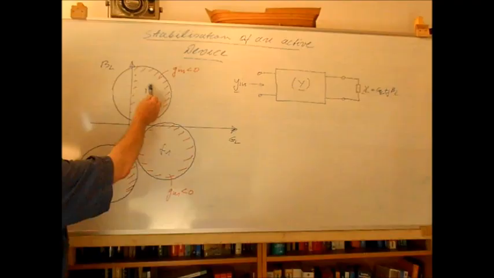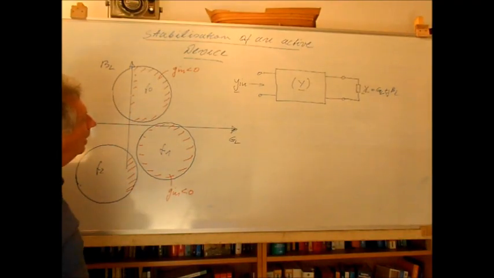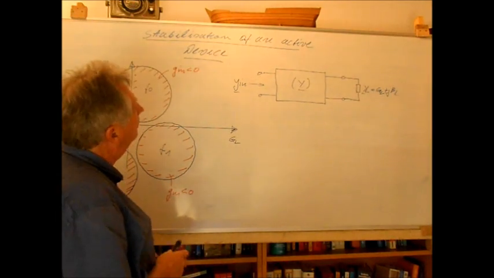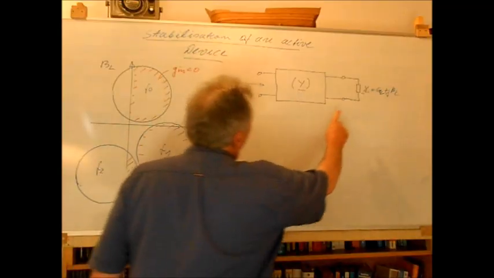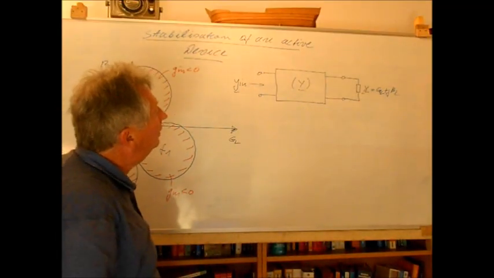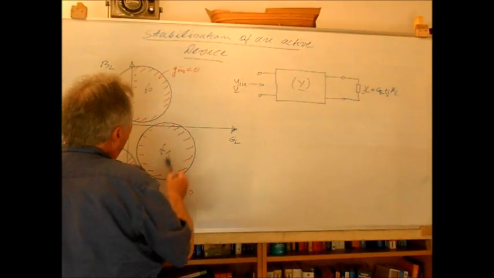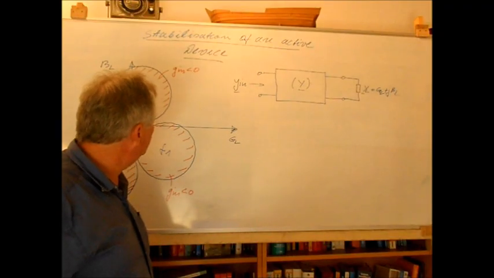So I sketched here, for example, the stability circles for different frequencies, and we can now think of what condition our load admittance must fulfill so that it does not enter our stability circles.